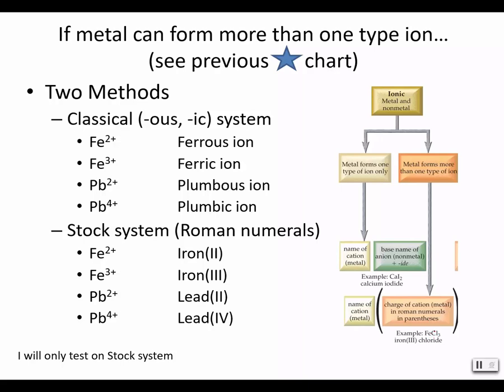What do I mean by that? Let's say I give you this molecule and I ask what the charge of iron is. I don't know what the charge of iron is, but I do know that each chlorine is a -1 charge.